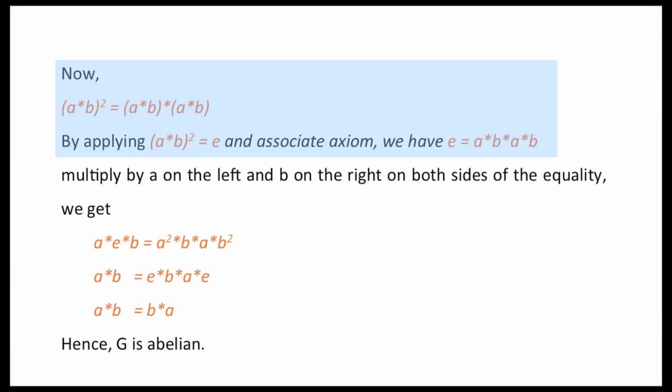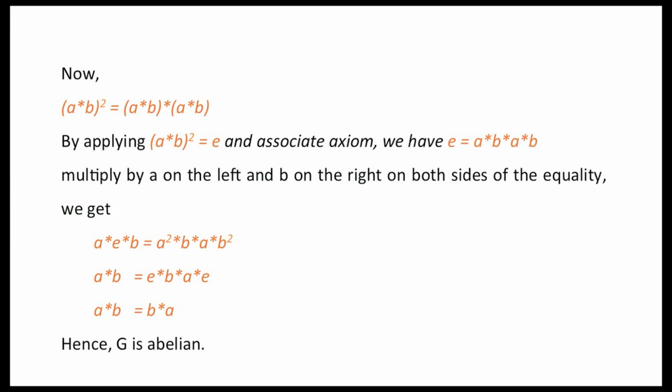Now, (a·b)² = a·b·a·b. By applying (a·b)² = e and the associative axiom, we have e = a·b·a·b.